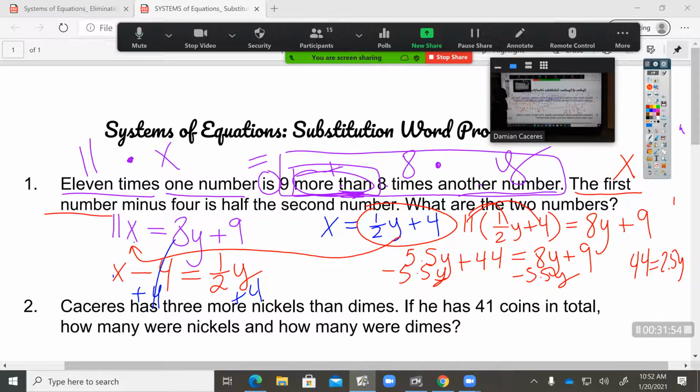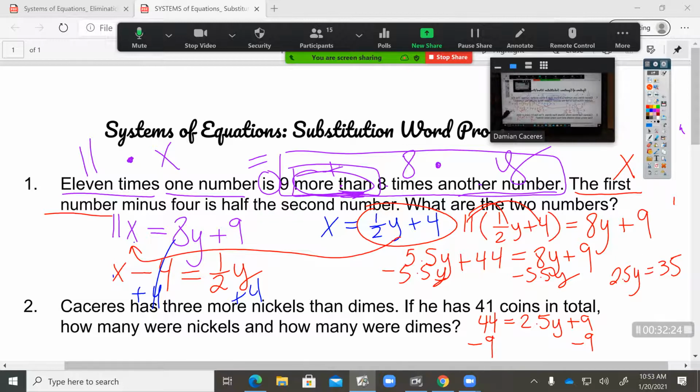Let me get more space here. So 2 more steps and we solve this. We're trying to get the y by itself, so we need to get rid of the 9 by subtracting 9 from both sides. That leaves me with 2.5y equals 35.